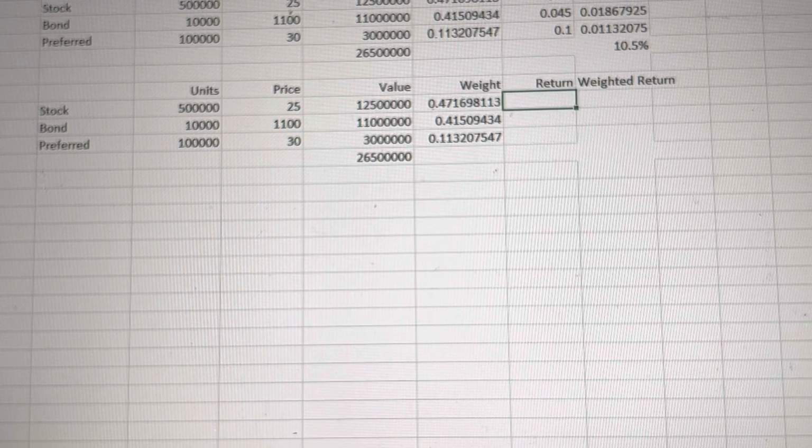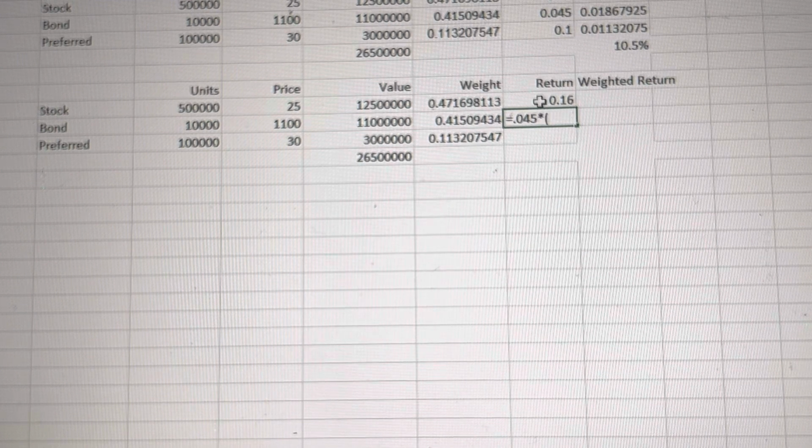For part B, with the 20% tax rate, the returns are different. The stock is the same as part A, but the bonds are different, as it's 4.5% times 1 minus 20%.